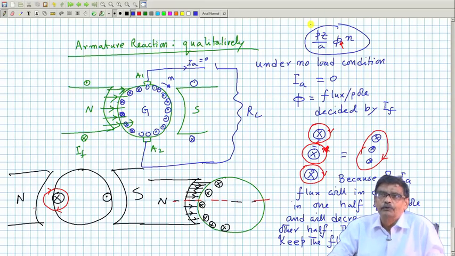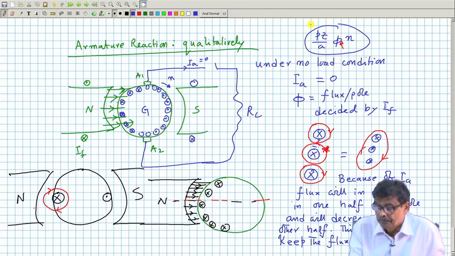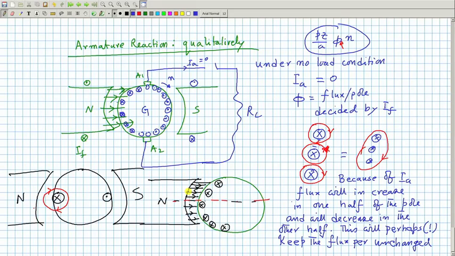The next statement I am going to make is the increase in flux in one half will be always less than the decrease in the other half. So, effectively there will be a net decrease in flux per pole. Why am I telling that? It is because here whatever flux will be produced will be decided by, in the upper half, the MMF of the field coil and the MMF of this armature conductor here, and it is carrying rated current.